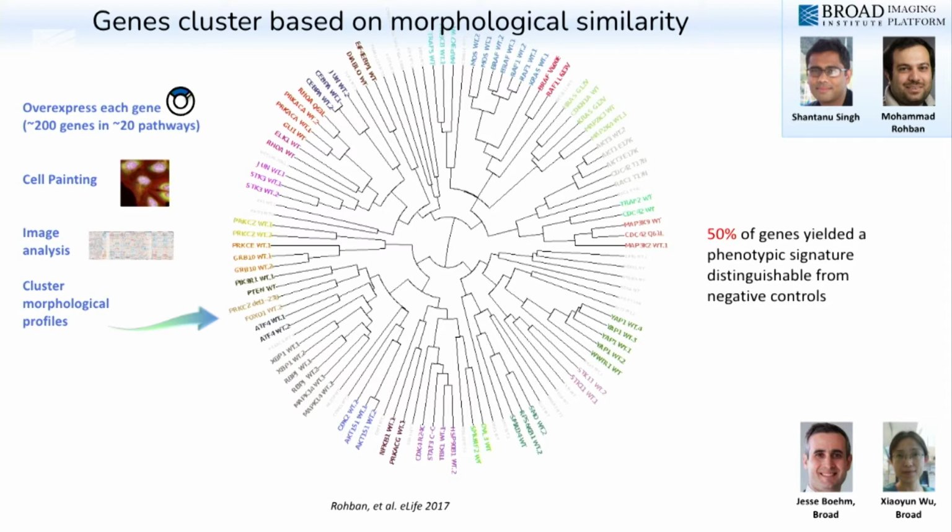It was a somewhat cherry-picked set of genes to be more well studied than the rest of the genome. I don't expect 50% to be true for the whole genome, but it was pretty shocking to us at the time to find such a large proportion of genes in this one assay at this one time point in this one cell type. This roughly 50% of the genes were distinguishable from negative controls based on their morphological impact.